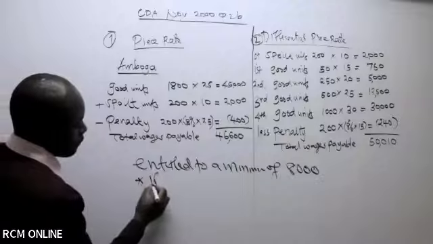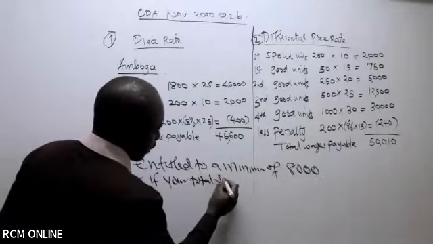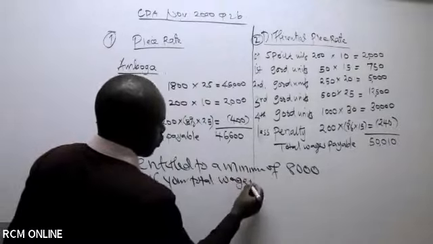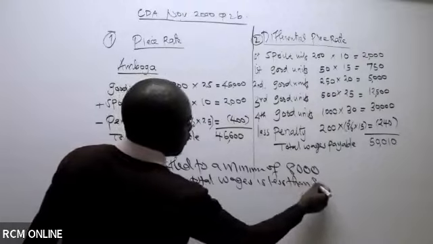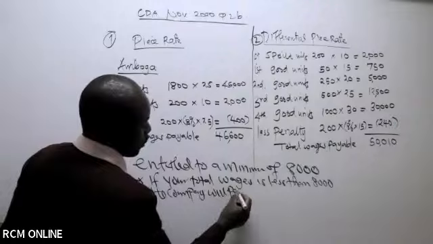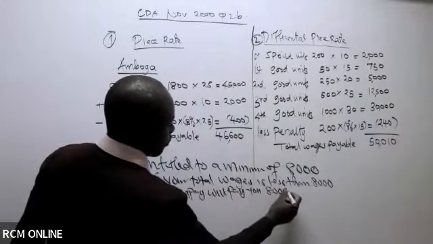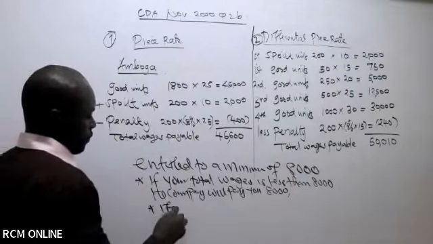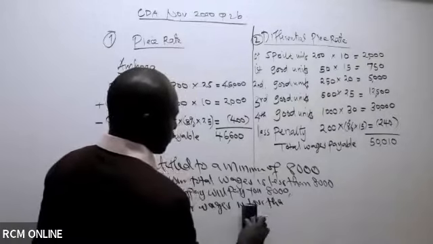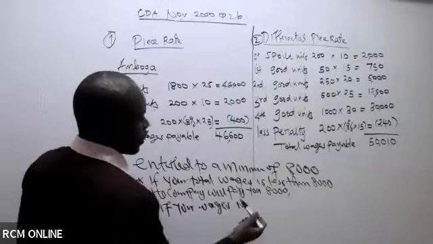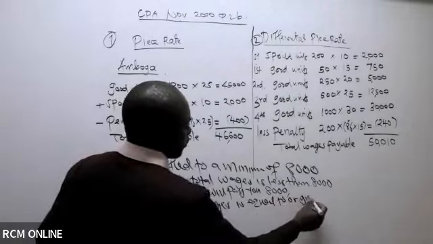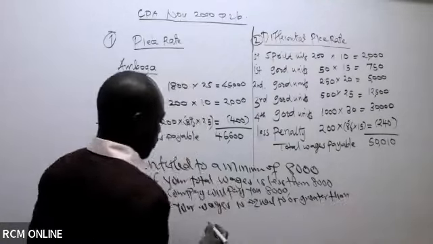That is to say, if your total wages is less than 8,000, the company will pay you 8,000, and if your wages is equal to or greater than 8,000, the company will pay you your actual earnings.